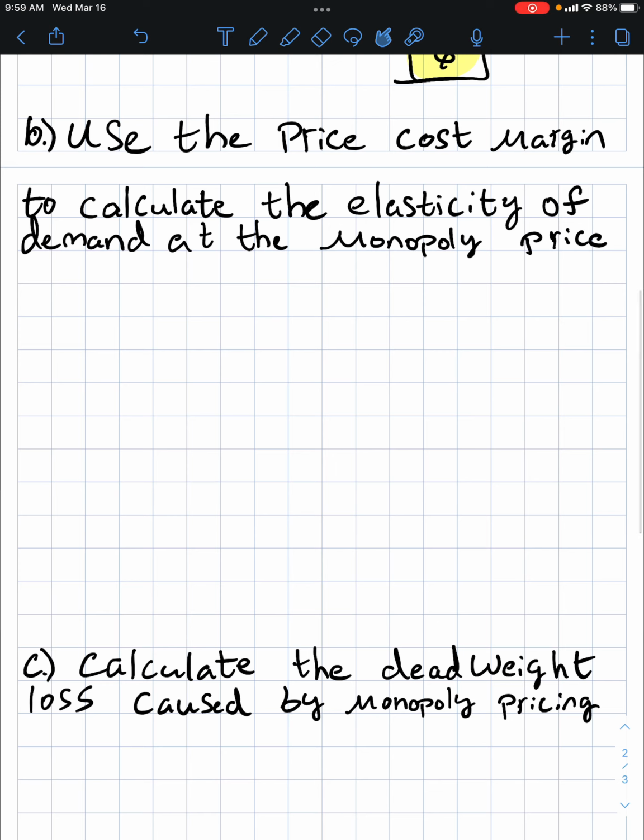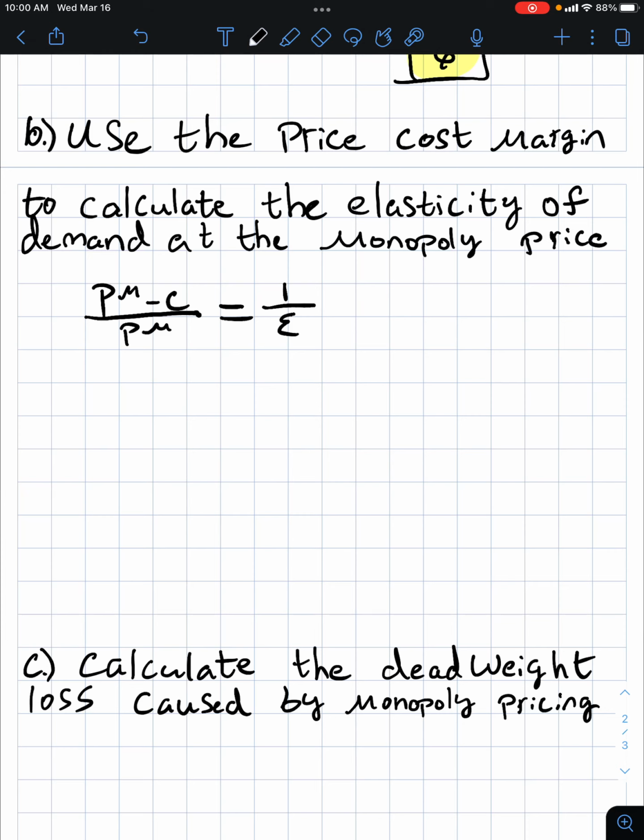Part B. Use the price cost margin, 5 over 6, to calculate the elasticity of demand at the monopoly price. To find the elasticity of demand at the monopoly price, we use the relationship that the price of monopoly minus marginal cost over the price of monopoly, our price cost margin, is equal to 1 over elasticity.